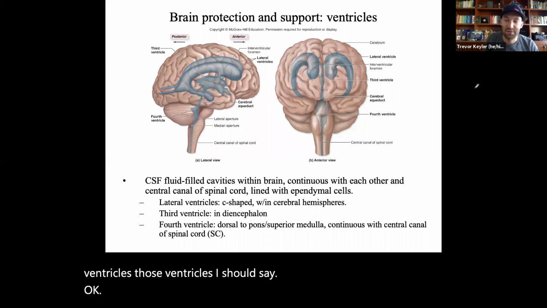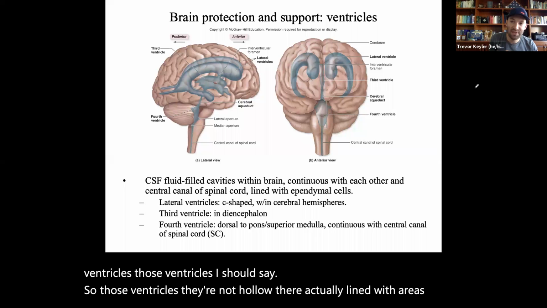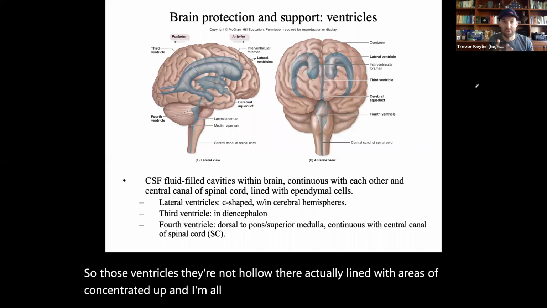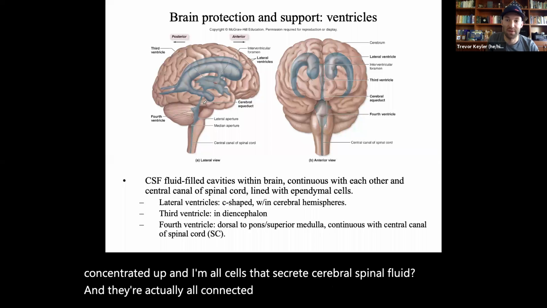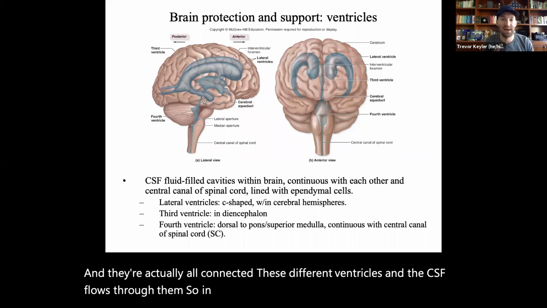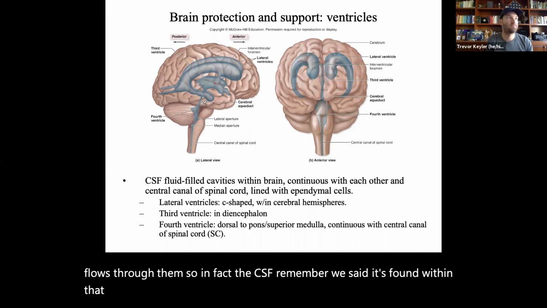Those ventricles are not hollow. They're lined with areas of concentrated ependymal cells that secrete cerebral spinal fluid. And these different ventricles are all connected, and the CSF flows through them. Remember we said CSF is found within the subarachnoid space?